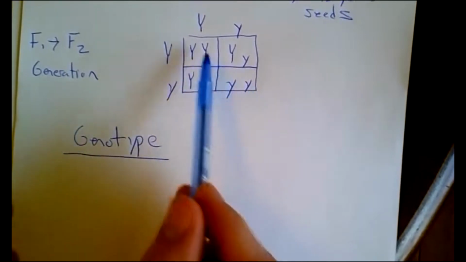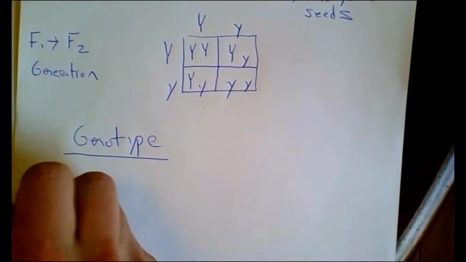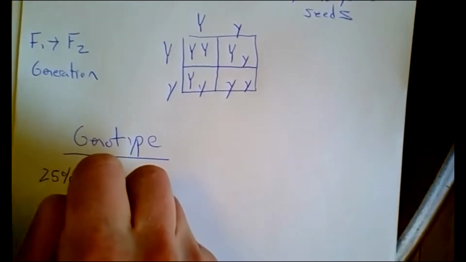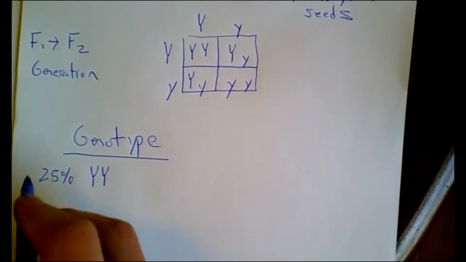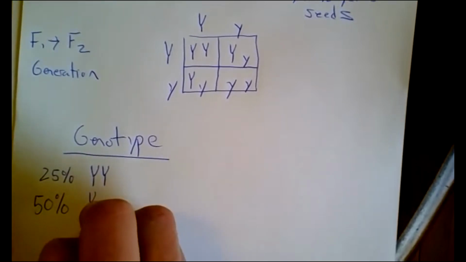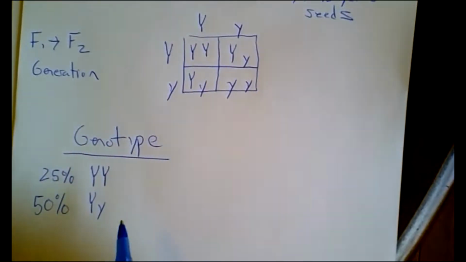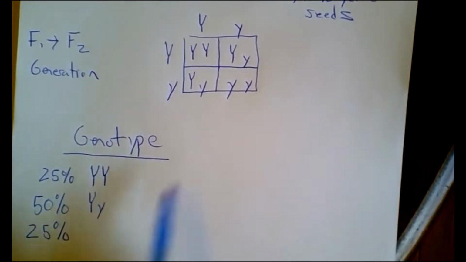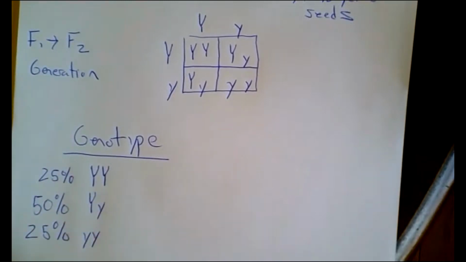So I have one of my 4 boxes, 1/4, is a 25% chance of being big Y, big Y, or homozygous dominant. 50% chance of being big Y, little y, 2 out of 4, heterozygous. And then to add up to 100%, a 25% chance, 1 out of 4, to be little y, little y, or homozygous recessive.